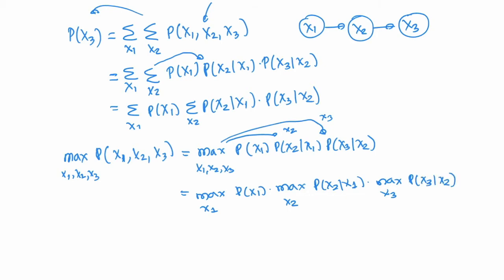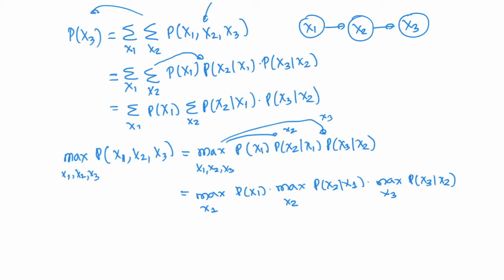And we're going to save space and time also. So basically it's the same algorithm as variable elimination, but now I'm not eliminating the variables, I'm computing the maximum. But we can use the same idea that we used for variable elimination in order to compute the maximum. So that is the idea.